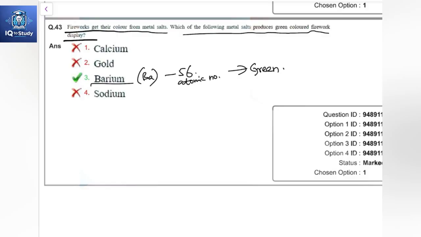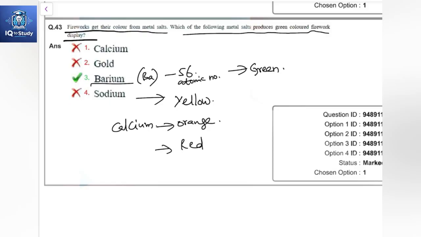Similarly, sodium gives yellow flame, and orange flame is due to calcium, and similarly red flame is due to lithium.